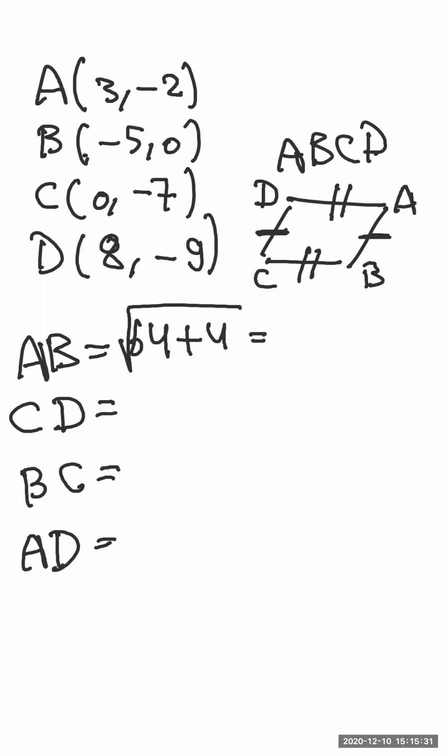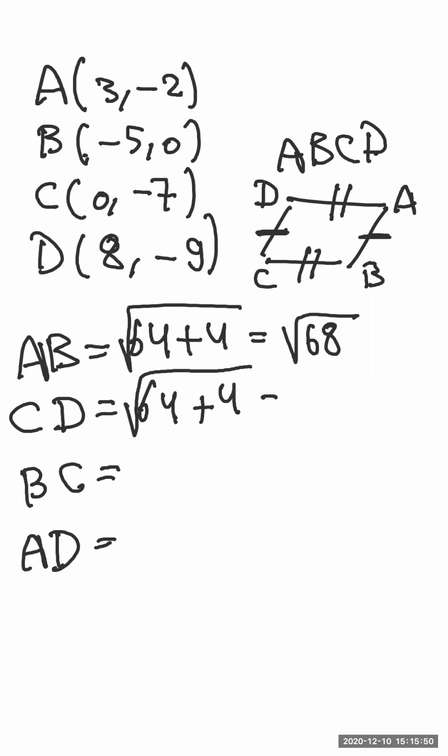So it will equal the square root of 68. CD: 8 minus 0 means 8, so 64, plus -9 minus -7, so -9 plus 7 means -2 squared means 4. So also square root of 68. Okay, so the first step we finished. AB equal to CD, great.